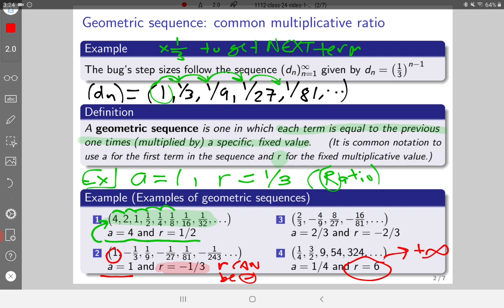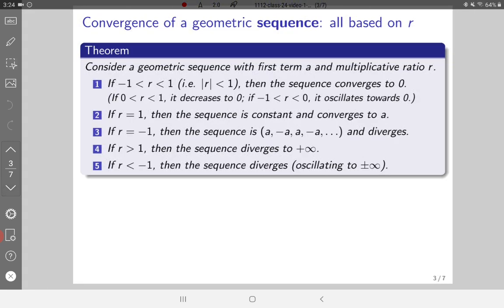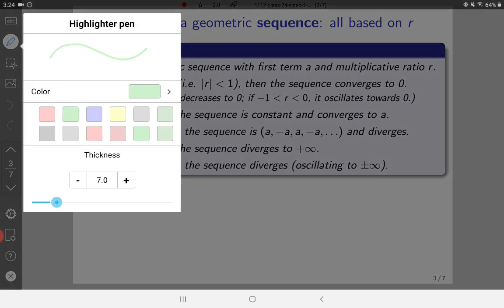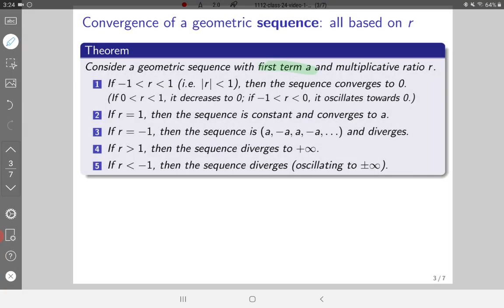And that's pretty much what we're going to get into in this statement of a bunch of facts right here. When I have a geometric sequence, given two things about it, let's say the first term is a, and its common multiplicative ratio, the term you multiply by to generate the next term from each one before it, let's say that ratio is r, then if I only know those two things, it turns out I can tell you whether the sequence is going to converge or diverge.